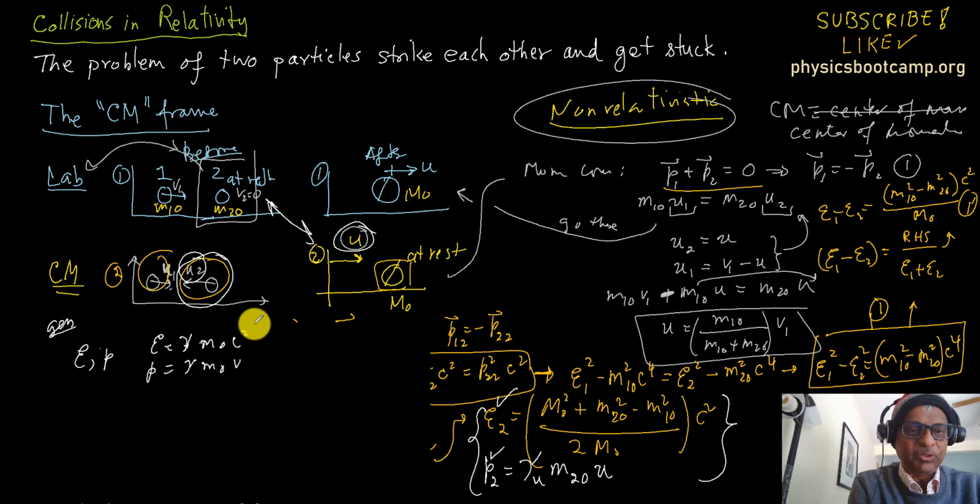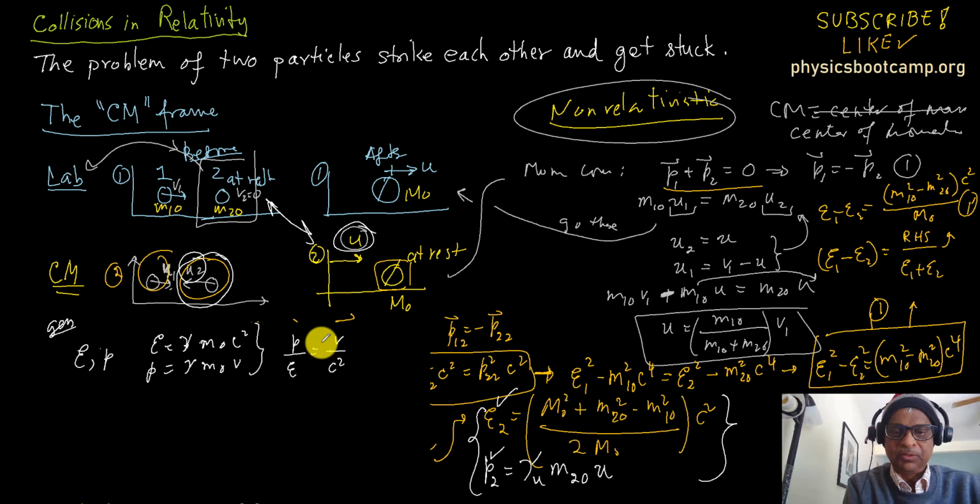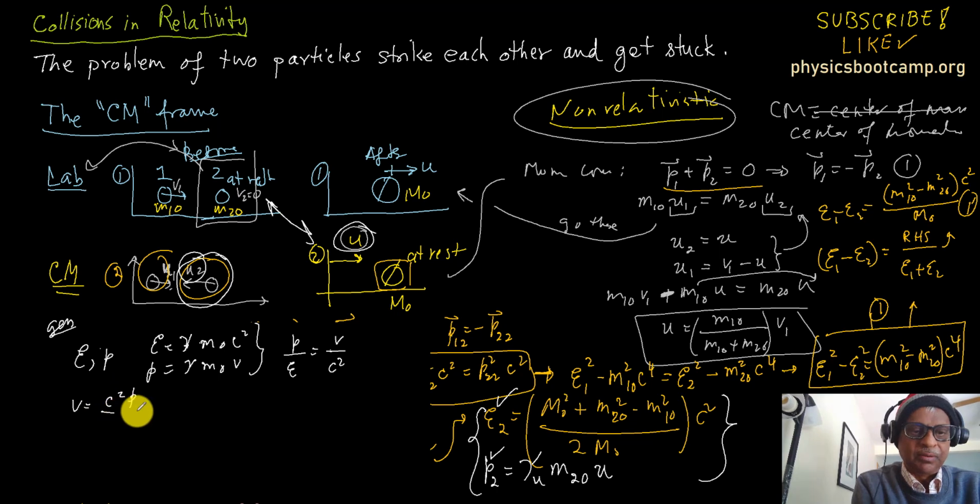So if you take a ratio, P over E is simply V over c squared. So V is c squared P over E, right?